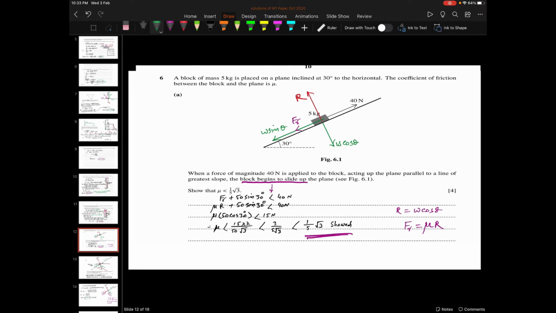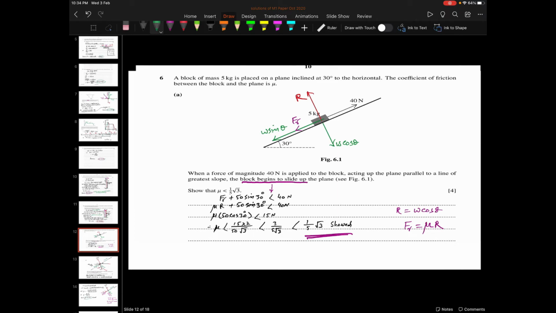Now it is clear from the figure, the block is moving up, it means the 40 Newton force is greater than the sum of the forces W sin theta and force of friction. So we can write force of friction plus 50 sin 30 degree is less than 40 Newton, or 40 Newton is greater than sum of Fr and 50 sin 30 degree.